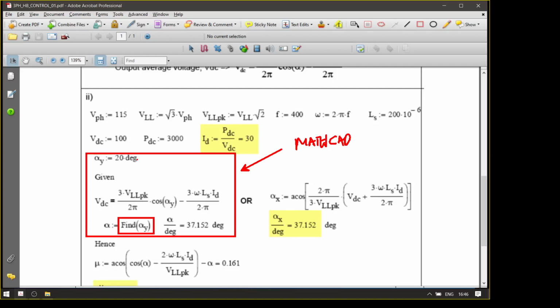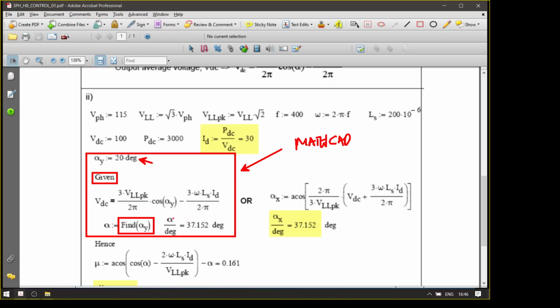So here I need to give an initial value for alpha. This is not the answer, but the initial condition for MathCAD to solve the problem. So alpha y equals 20 degree, and this should be written in MathCAD given this equation, and then I just use a find function to get the answer.